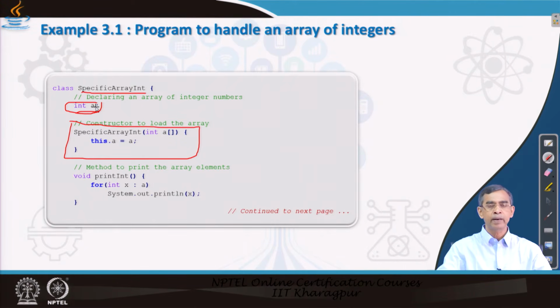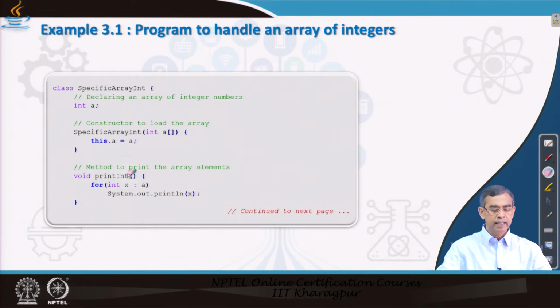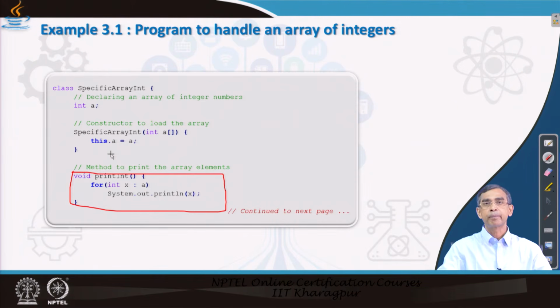So, this refers to an array index, and whatever array is passed to this program will be initialized to this one. So, this constructor is to be defined here, and then there is another method, the print method, which basically prints the whole array. So, here is the declaration of an array of elements, the initialization, and this is the printing.